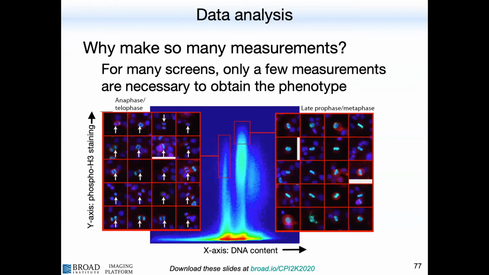And the reason our group made this amazing software is because while it's sometimes easy to determine a phenotype from one or two measurements, for example, in the cell cycle, you can typically find from the measurements of DNA content and a mitosis marker which cell cycle phase your cells are in.